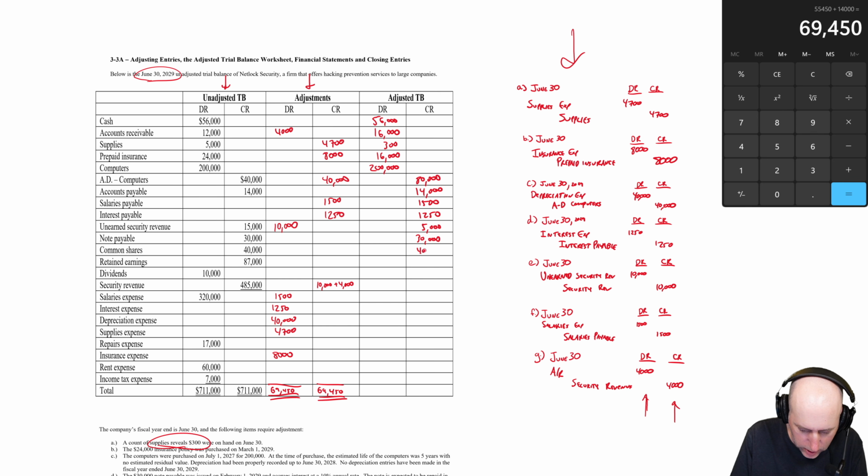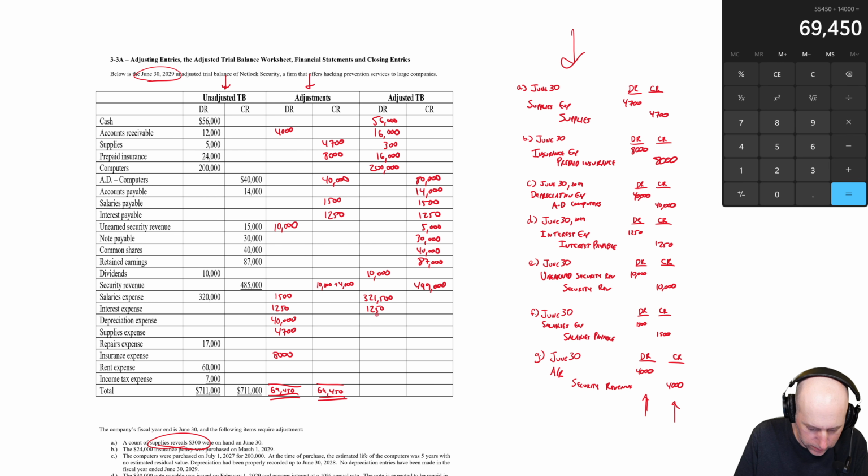Common shares, 40. Unadjusted. Retained earnings, 87 credit. Unadjusted dividends. We don't tend to adjust the dividends account. And now security revenue, 485, and then $14,000 of credit. So it's a credit and a credit equals a bigger credit. It's 499. 320 plus 1,500 is 321,500.